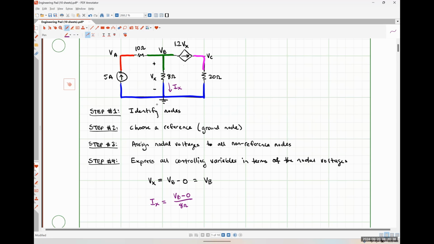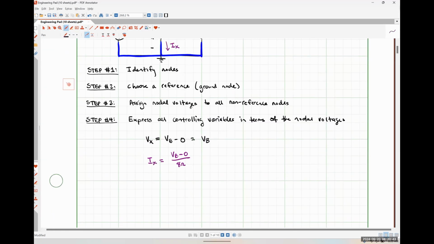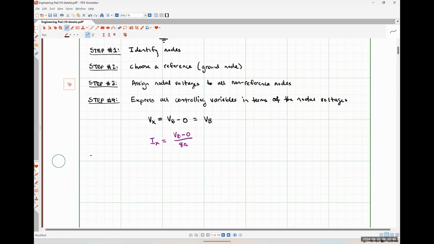Okay, so on to step number 5. For step number 5, we are going to apply Kirchhoff's current law at each non-reference node.